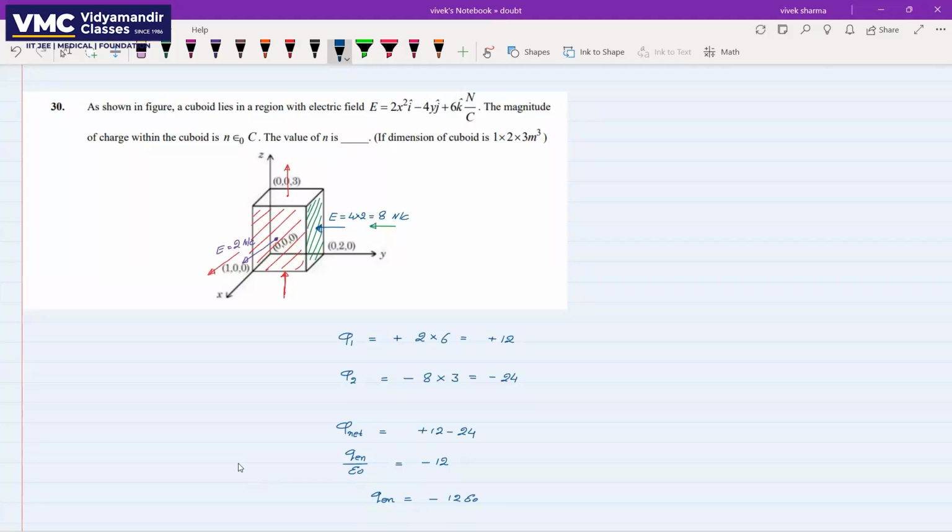The question asks for the value of n, it is n times epsilon naught, so the answer is 12. So this is it. Thank you.